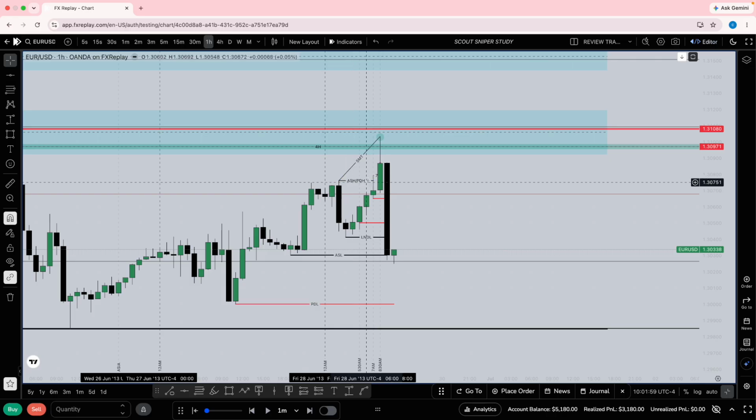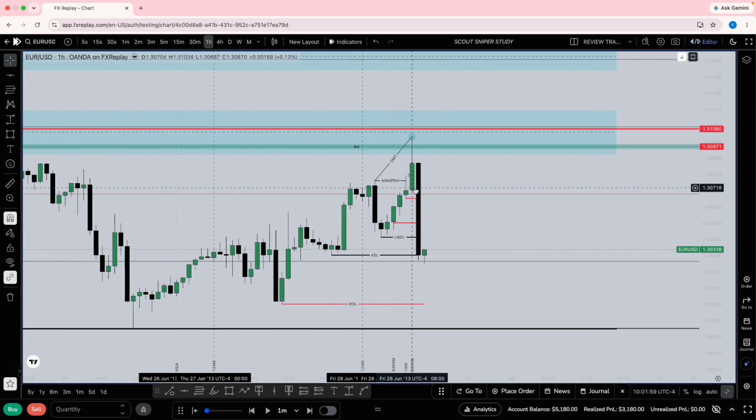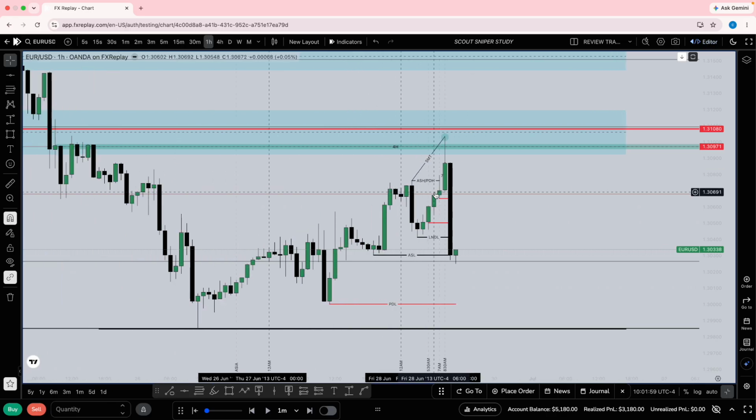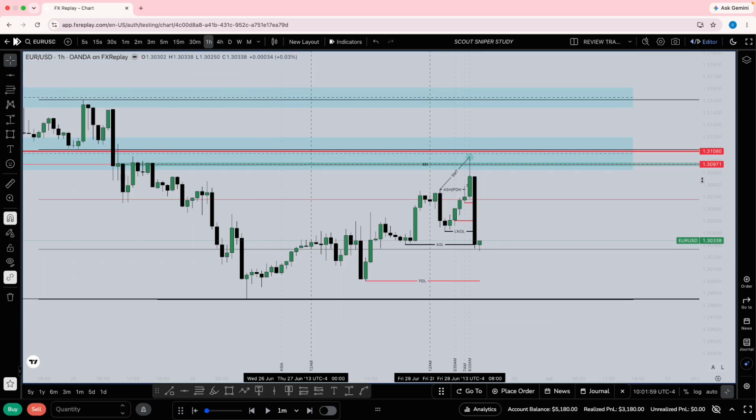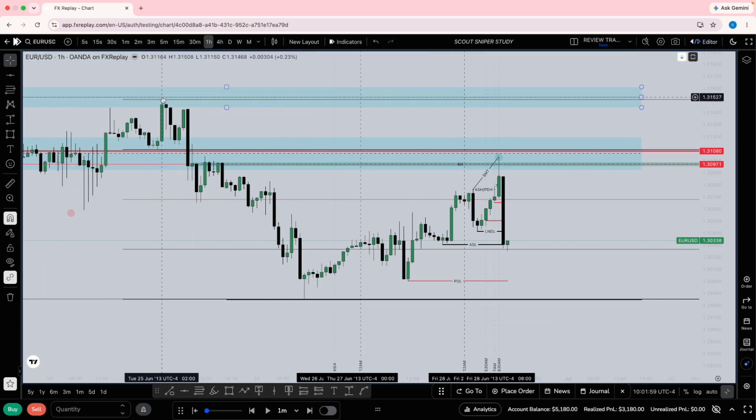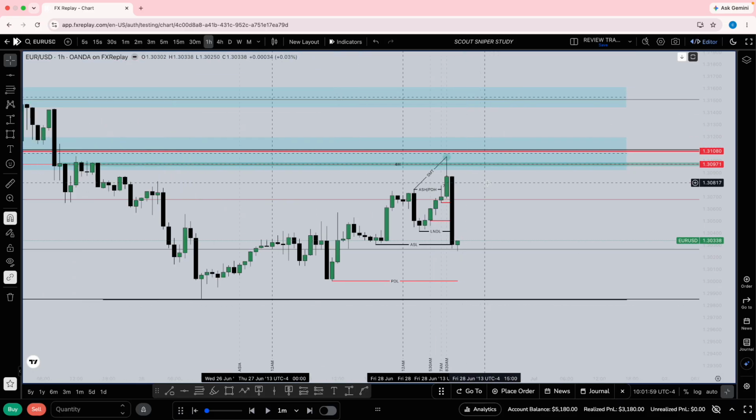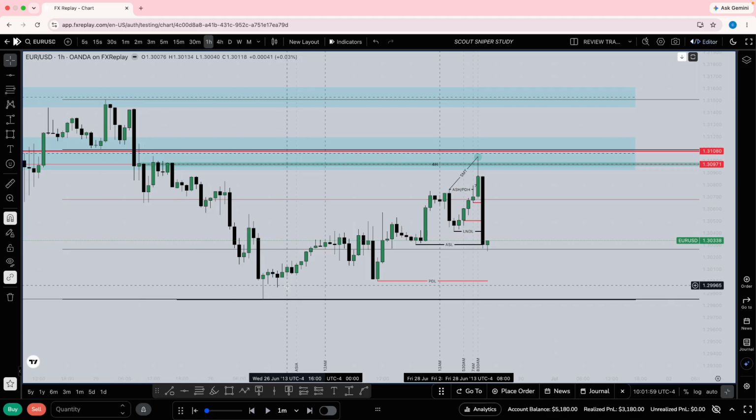It expanded up. But we know that we're bearish on the higher time frame, so we're looking for sells. If price is expanding up within that range, and if you look at the hourly, this is the same range from here to here, and price is expanding up and it's past the midpoint, now we're in premium of this range.